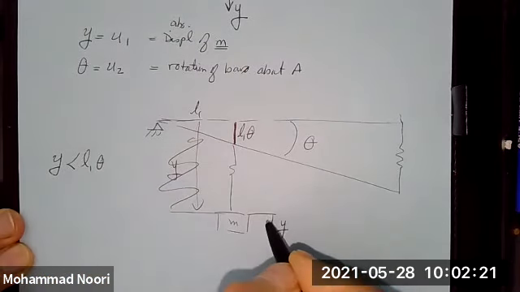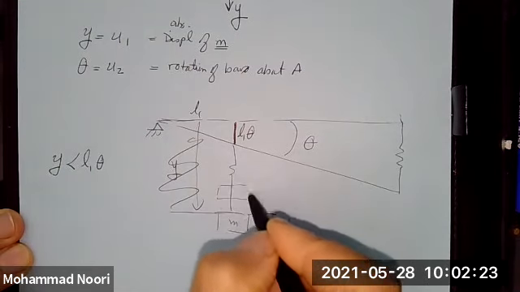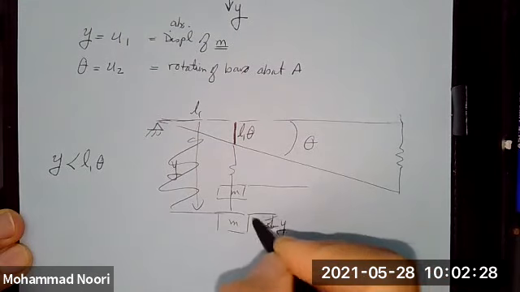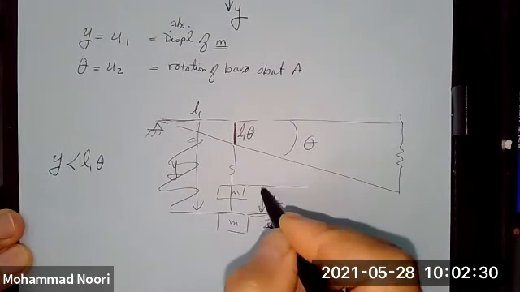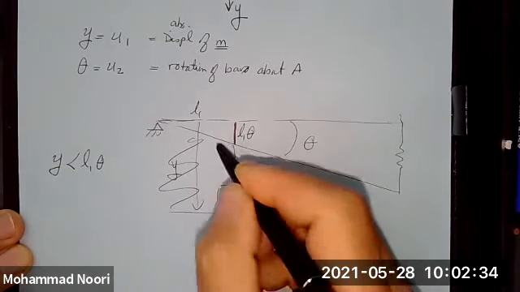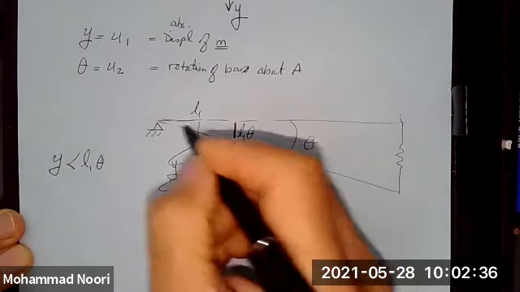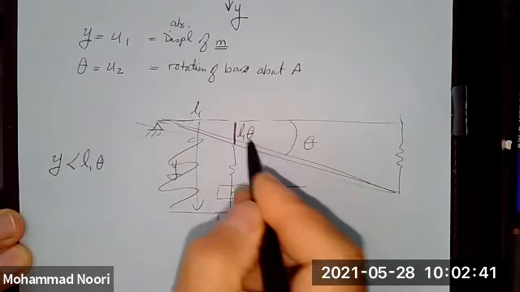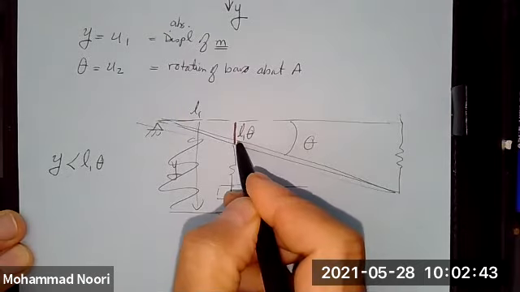So in other words, this mass was here, now it has come here. So this is basically Y. And I'm assuming that the displacement that this mass goes through due to deformation of the spring, which is caused by the rotation of this bar, is less than L1 theta.